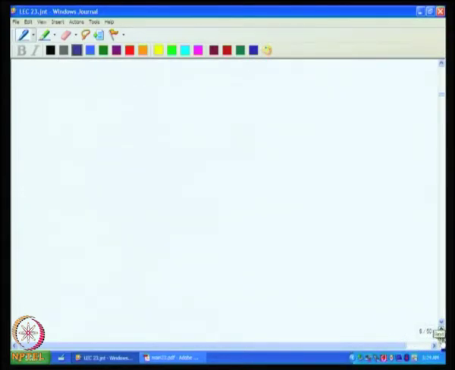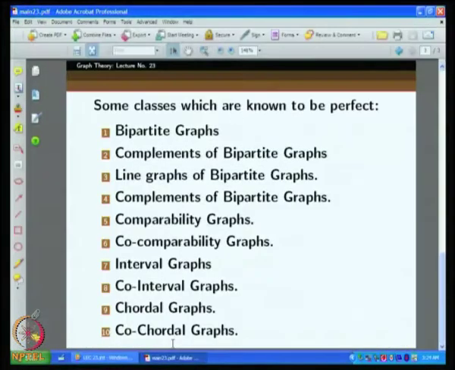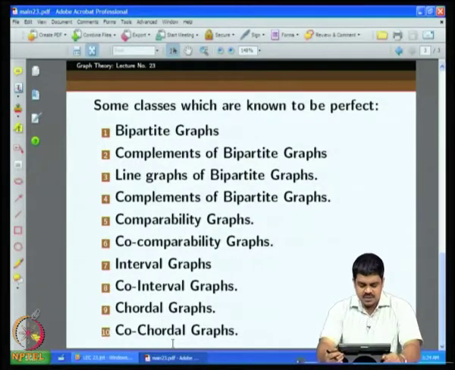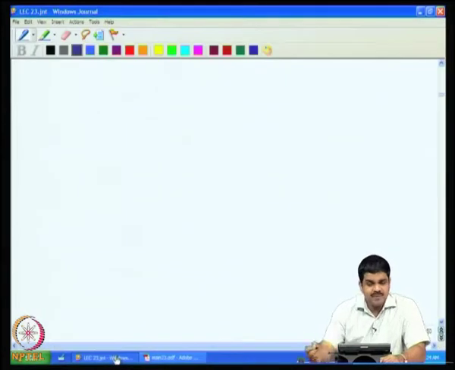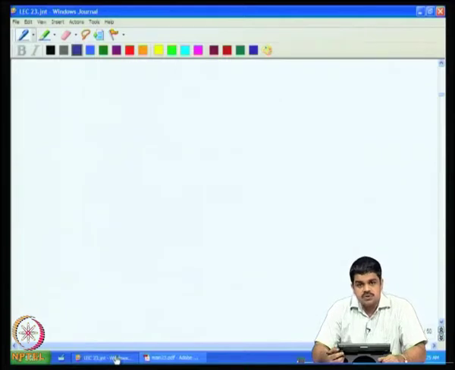Now, we go to the next one. So, we have shown that bipartite graphs are perfect, in fact their complements are also perfect graphs. Now, here is another one, line graphs of bipartite graphs. What do we mean by line graph? We have seen the line graph many times before. When we studied the edge connectivity, we had introduced the line graphs.